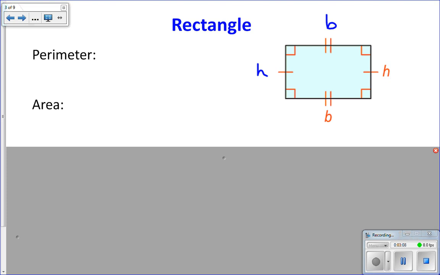The most straightforward one from the picture is that the perimeter is equal to 2 times the base plus 2 times the height. Now, sometimes in books you'll see that they've actually factored out the 2, or thought about this base plus height, that length, it's doubled, or 2 times base plus height. Okay, either formula would be fine.